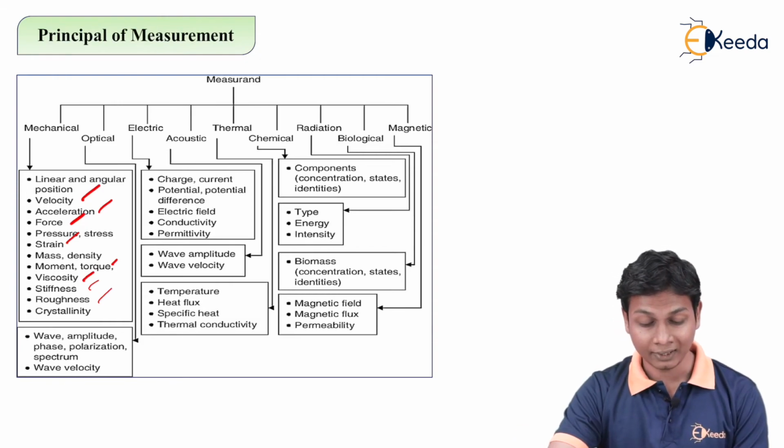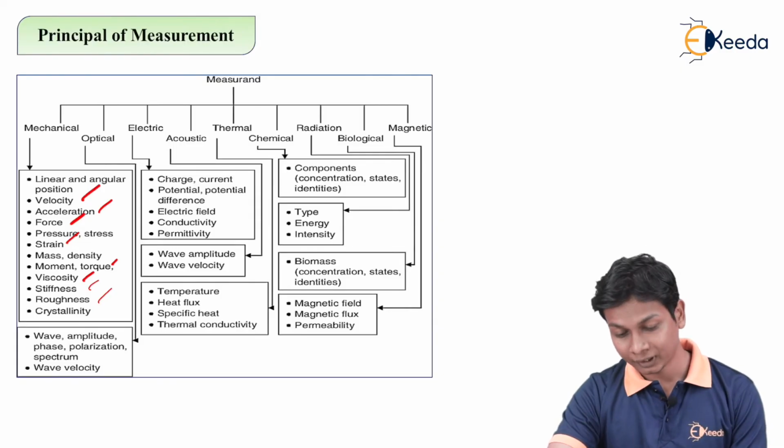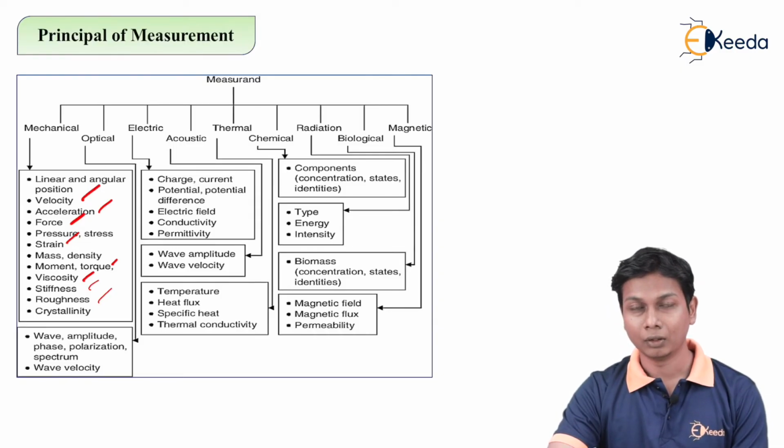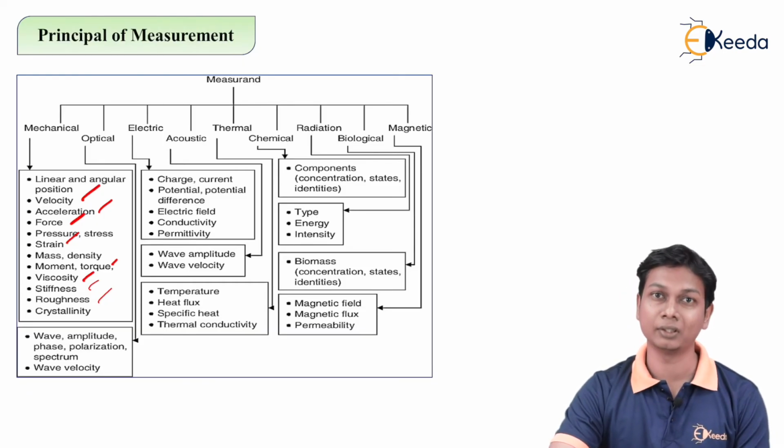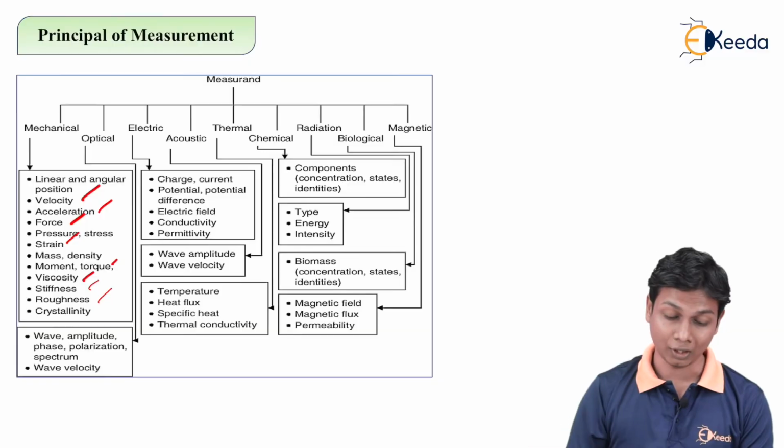Then in the electrical field, conductivity and permittivity. In the same way, radiation, biological field and magnetic field also have certain parameters that have to be sensed. Now we'll start one by one with various sensors.